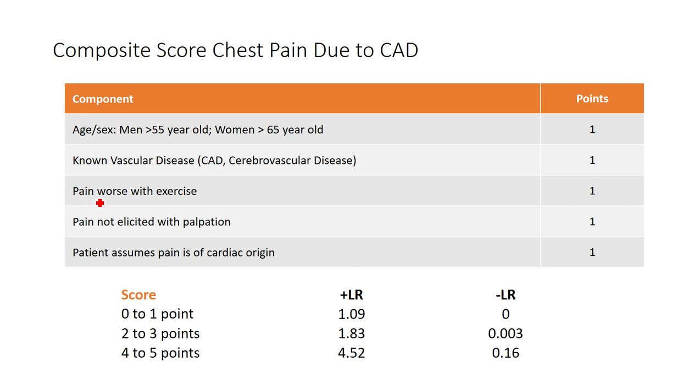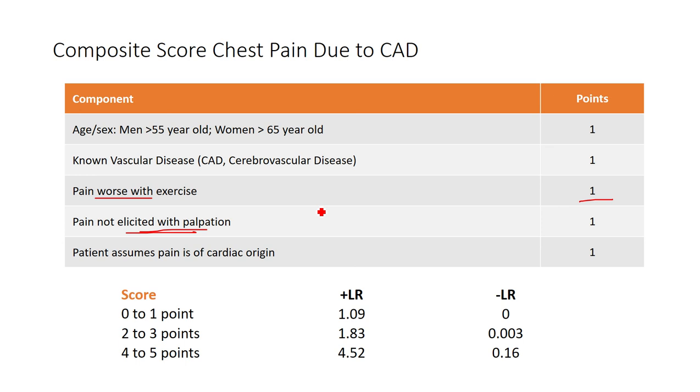Is the pain worse with exercise or exertion? And is it not elicited with palpation? If the patient has chest pain and I can poke on their chest and cause their pain to worsen or change, probably not an MI.